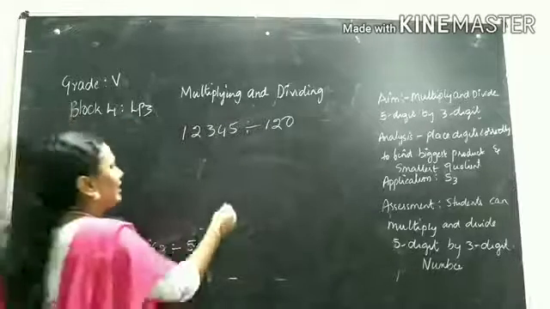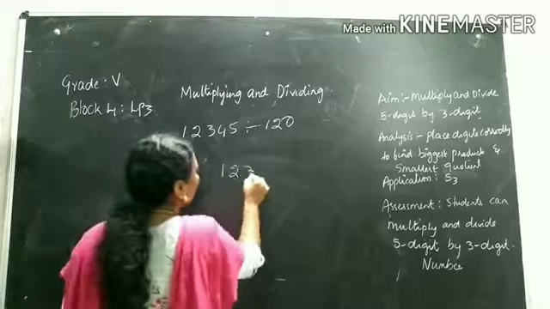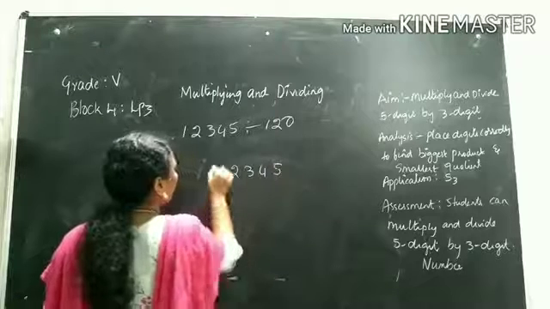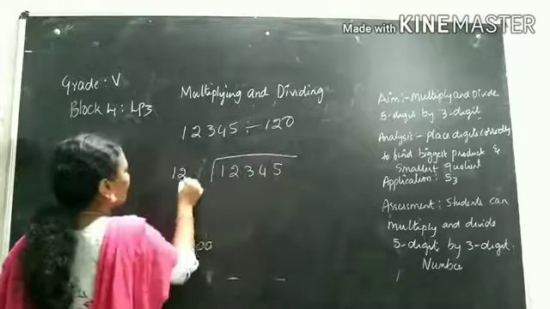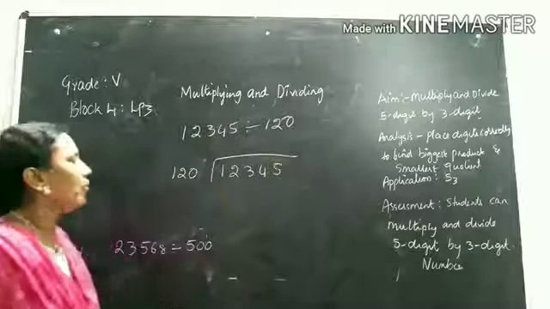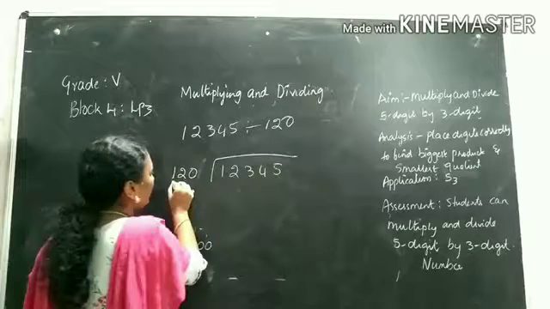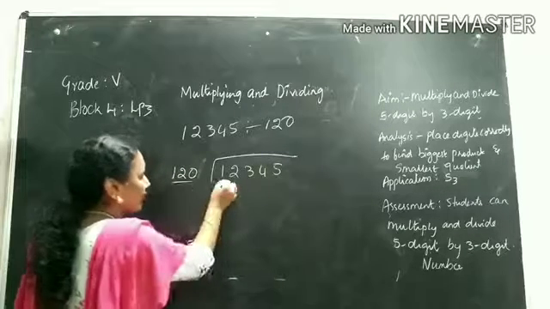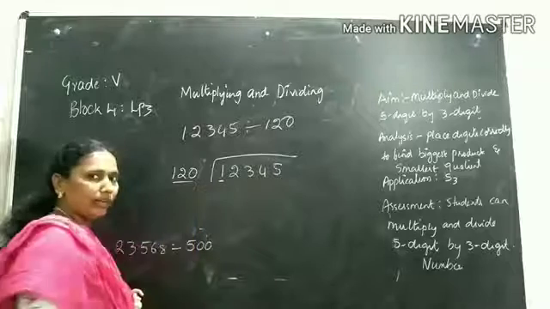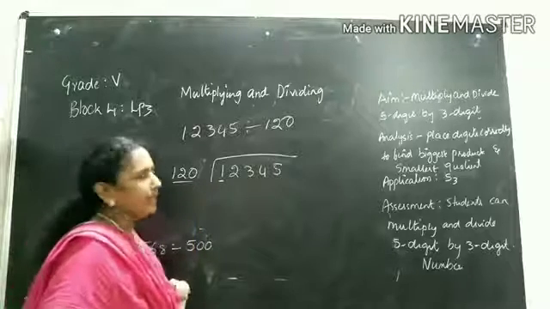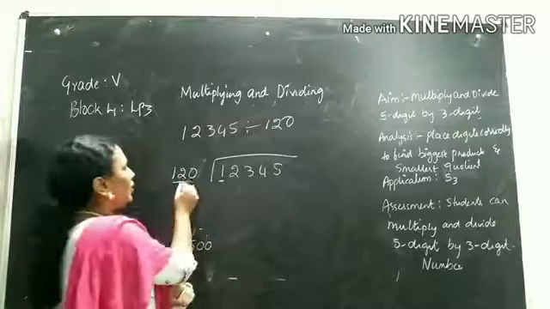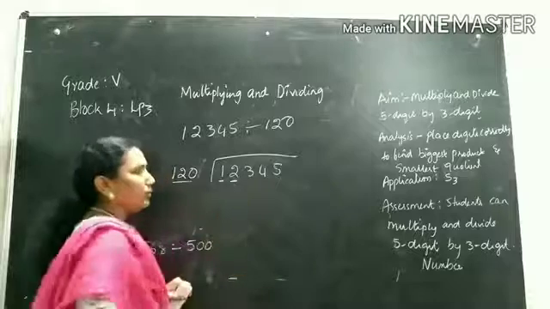So we will see how to divide the number. See here, with 120, how many places do I have to take? Because 1 is lesser than 120, I can't subtract from the number 1. So I took the number 2.